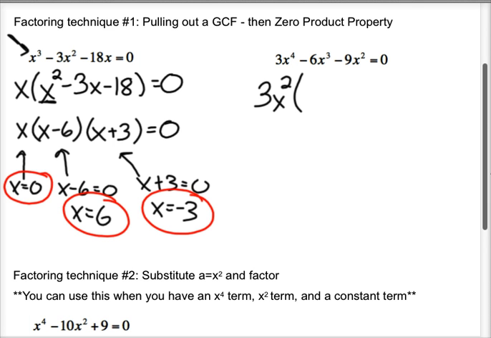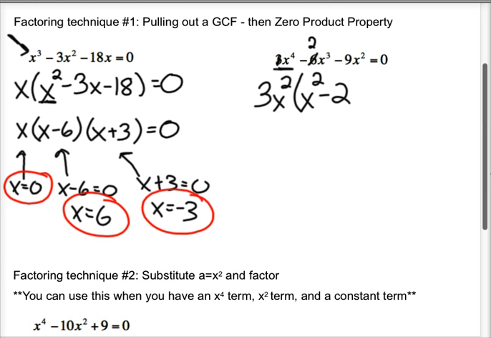So let's take a look at what we have left. So I'm looking at the 3x to the 4. Well, if I'm dividing 3 out, that means that the 3 is gone. X to the 4, and I'm dividing x squared out. Well, 4 minus 2 just leaves me an x squared. So negative 6, and I'm dividing 3 out. Well, that's going to become a 2 then.